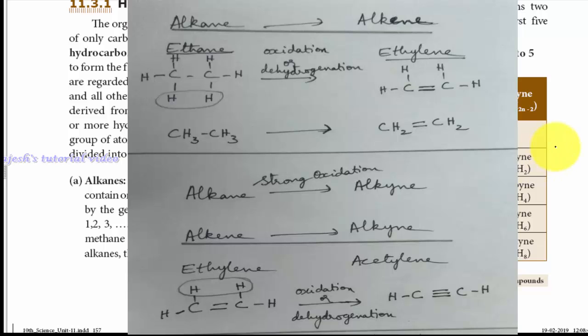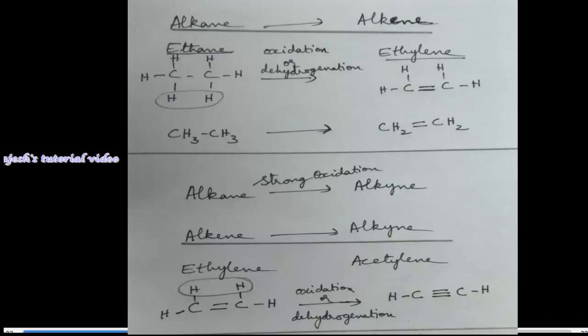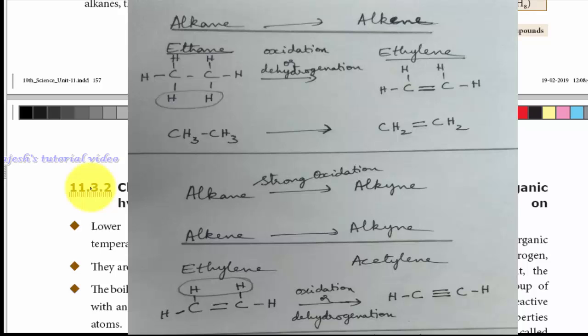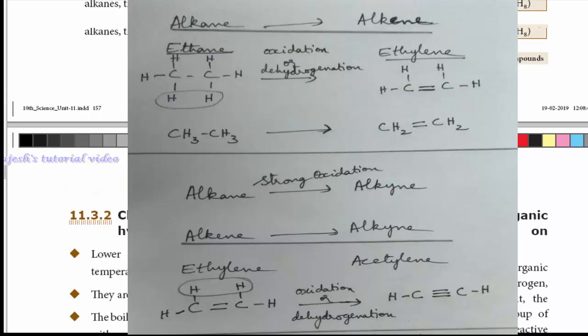So the carbon becomes unstable, because one bond is lost and one electron is free on both carbon atoms. These free electrons bond together to form a covalent bond. Thus a double bond is formed between 2 adjacent carbon atoms.